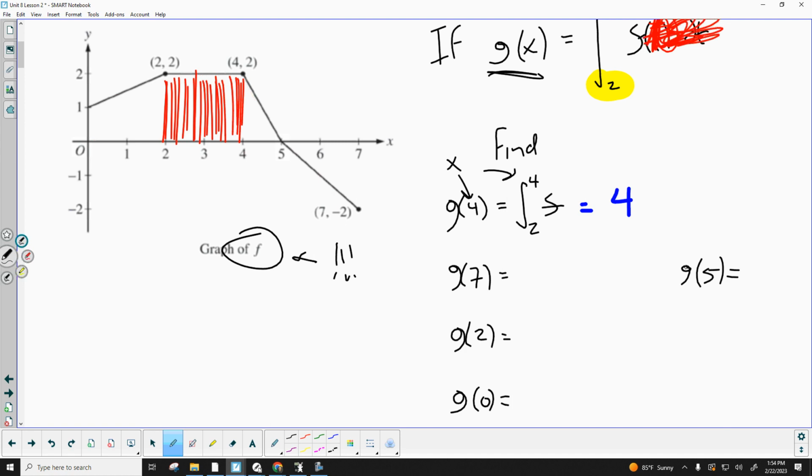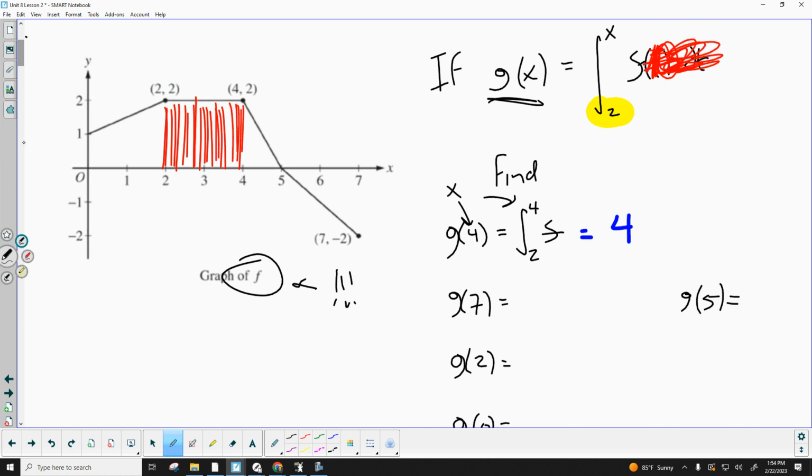Come on, write down the numbers. Don't just wait. Now, guys, you have to pay attention to this 2. This is where your integral starts, okay? This 2 is very important. This is where I'm starting. Pay attention to that 2.